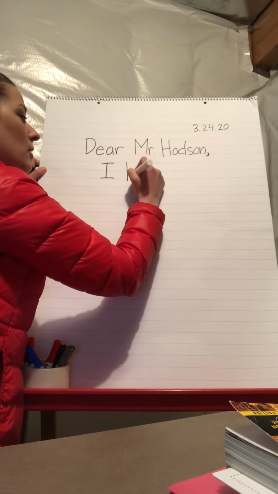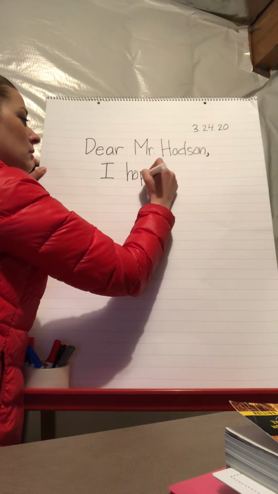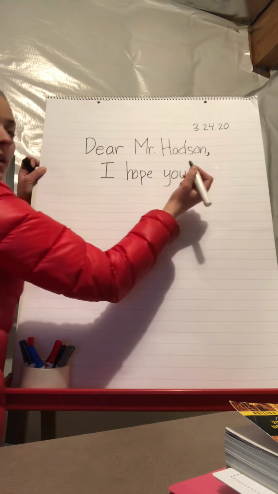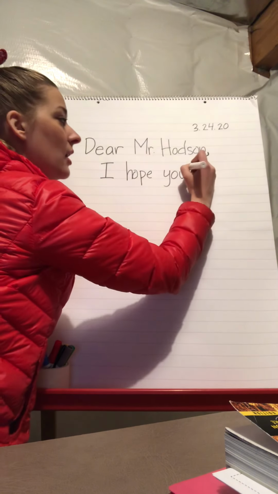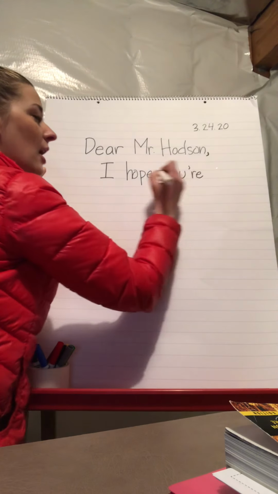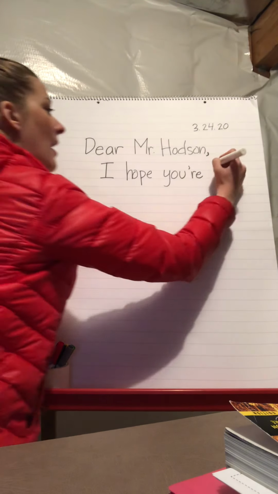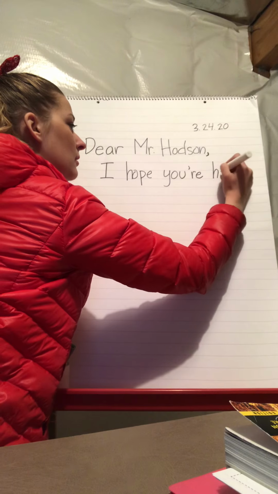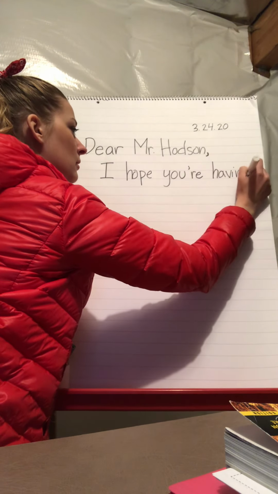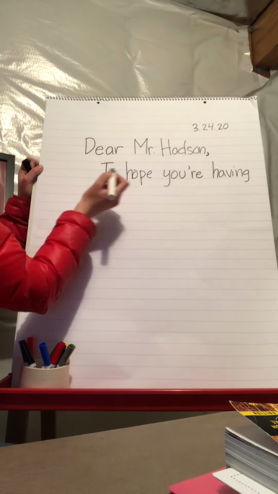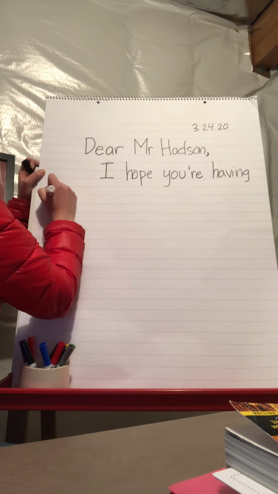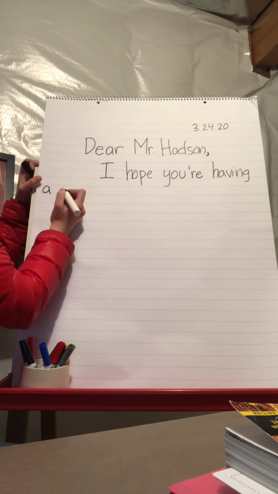I hope you, and we can do a conjunction here with U and R. I'm going to do U apostrophe R-E. I hope you're having, and then for my second line, I start all the way over here on the left side.